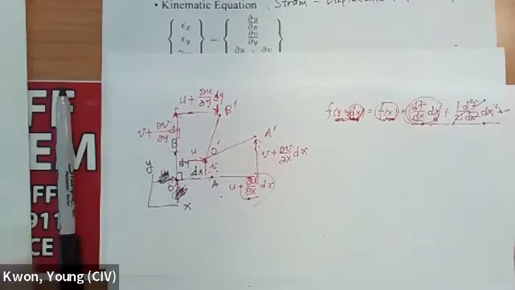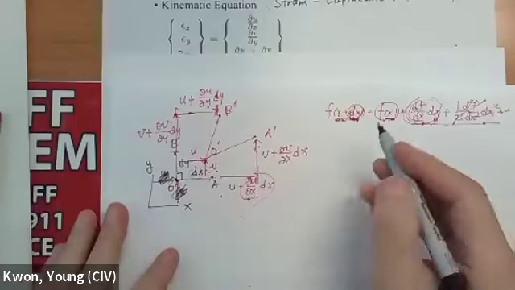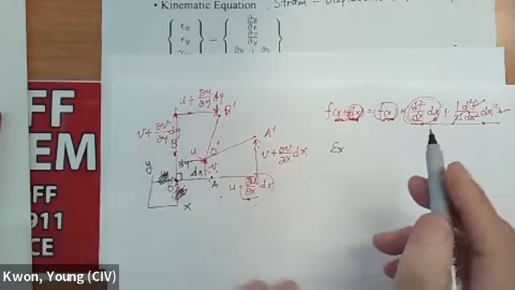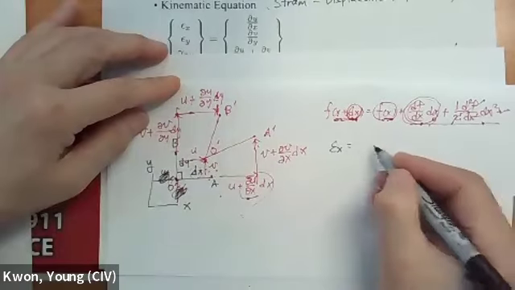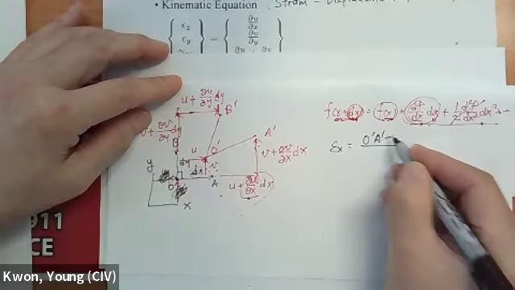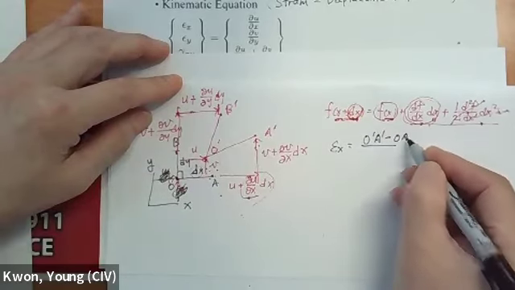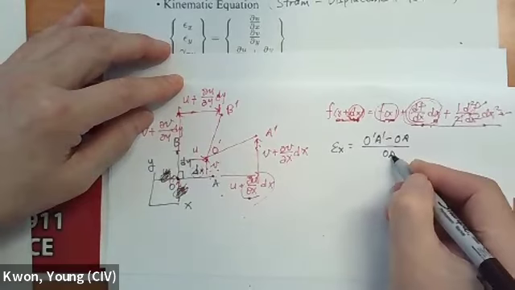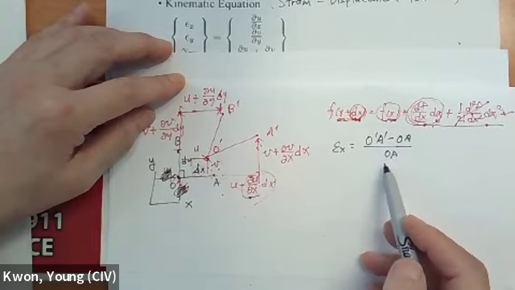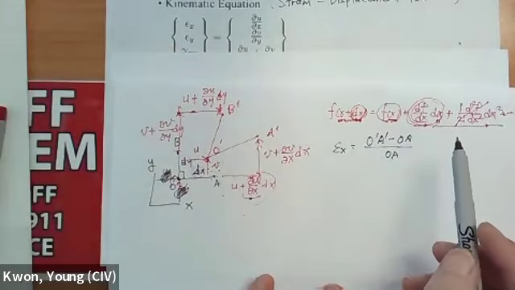All right. Then once you understand that one, epsilon x, the strain or fraction, is by definition O'A' minus OA divided by OA, because length change, final length minus original length divided by original length, is the definition of strain.